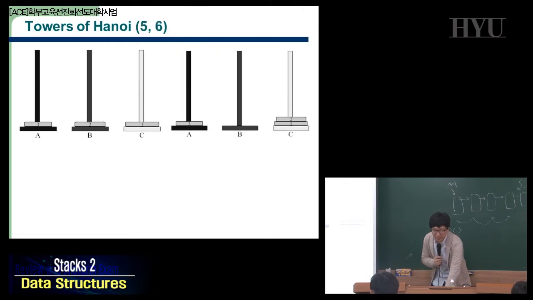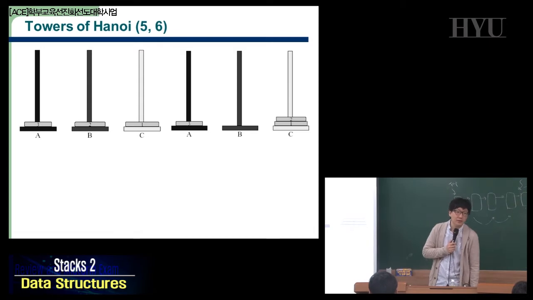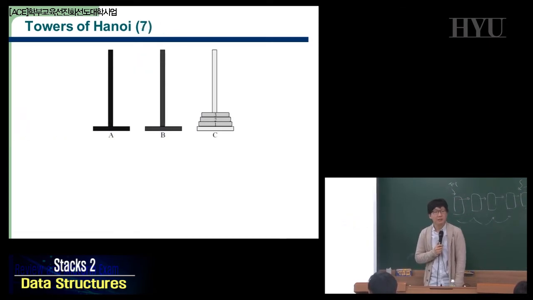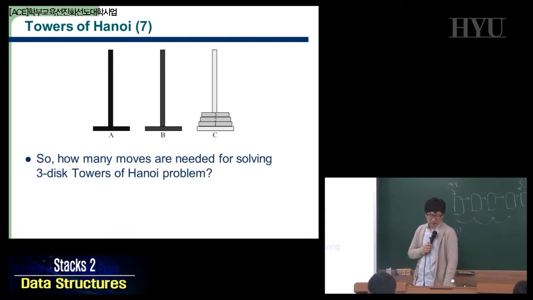Finally, if we count how many moves you have to make for 3 disks, I think it was 7 moves. How many moves are needed for solving the 3 disk towers of Hanoi problem? It was 7 moves.